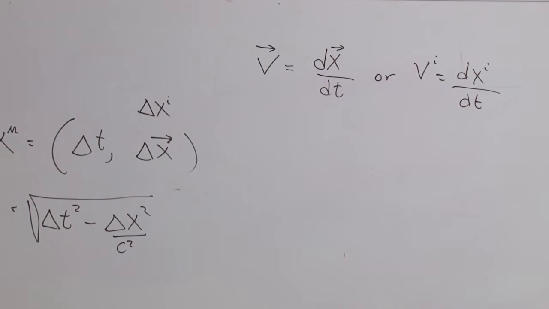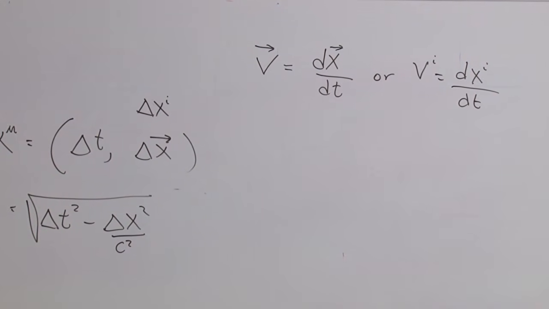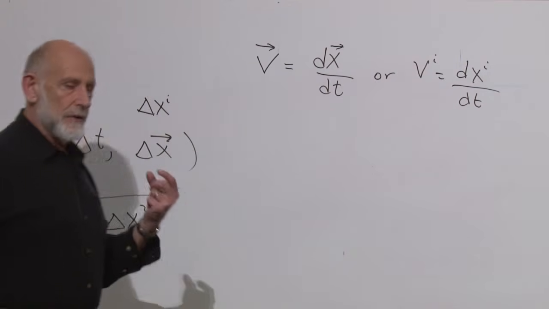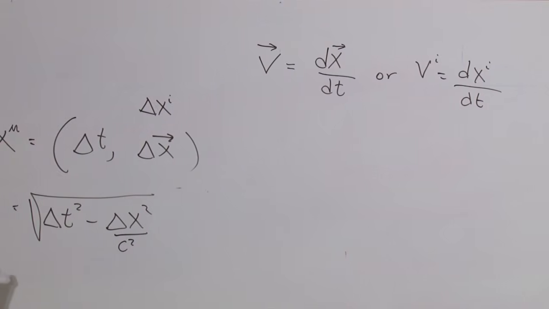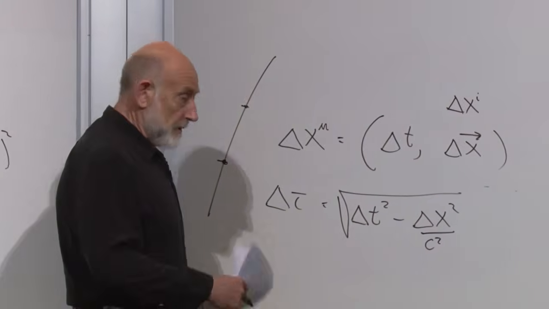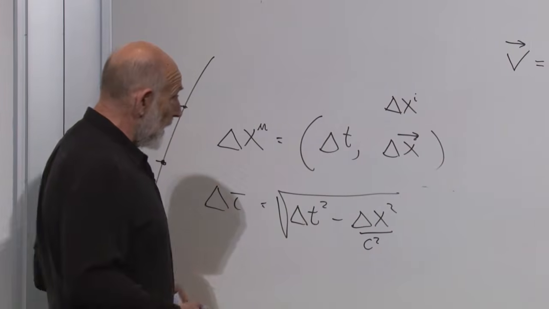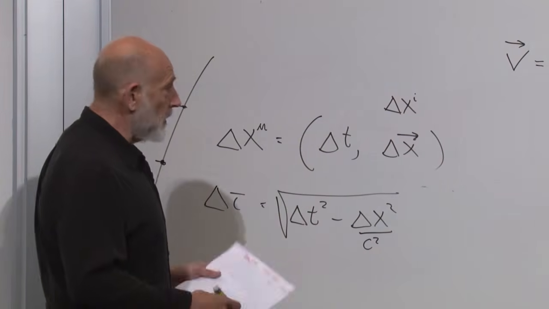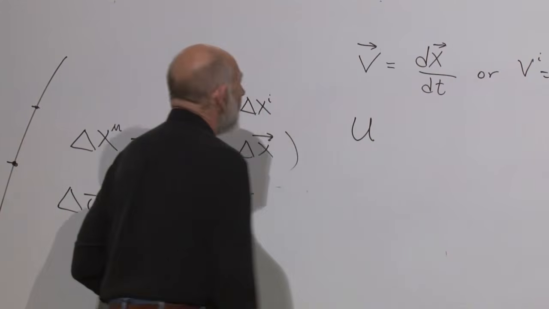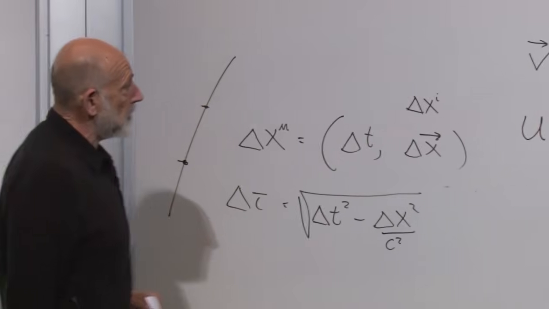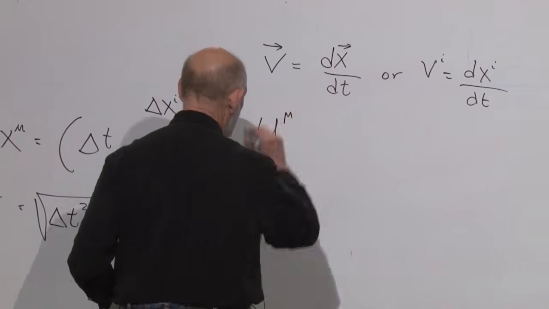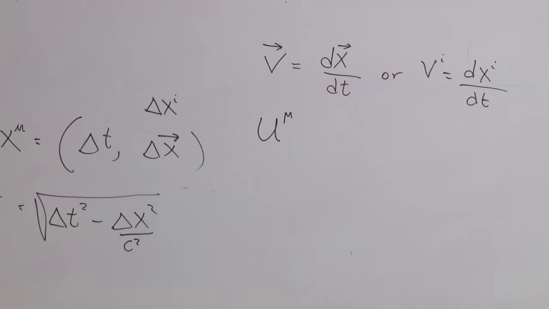A more invariant relativistic notion of velocity is, instead of using t down here, to refer the separation of coordinates to the proper time instead of to the frame-dependent ordinary time. That gives rise to something called 4 velocity. It doesn't have 3 components. It has 4 components, so it has a mu up here. The mu stands for the 4 components.